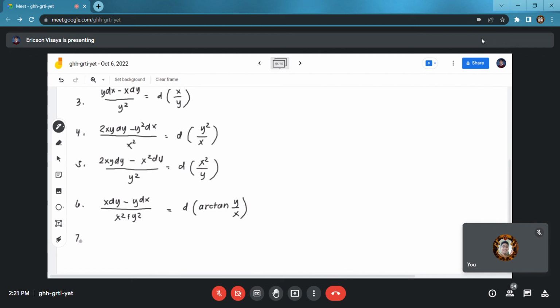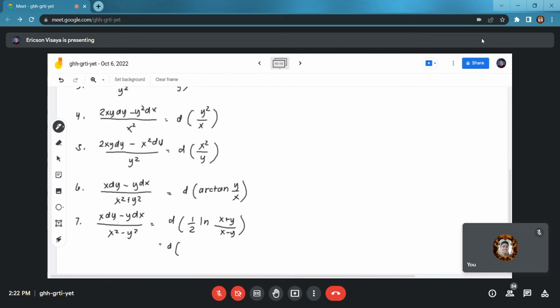Number 7: x dy minus y dx divided by x squared minus y squared is equal to the derivative of 1/2 ln of (x plus y) over (x minus y). Here, the longer we go, the more confusing it gets, because we have many methods. It can also be the inverse hyperbolic tangent of y over x.